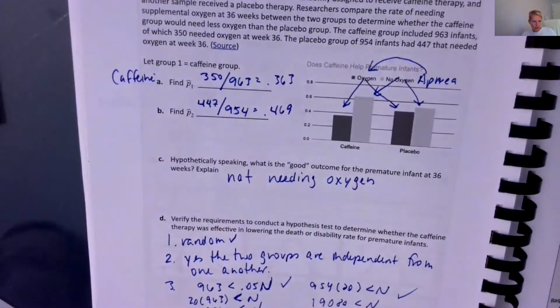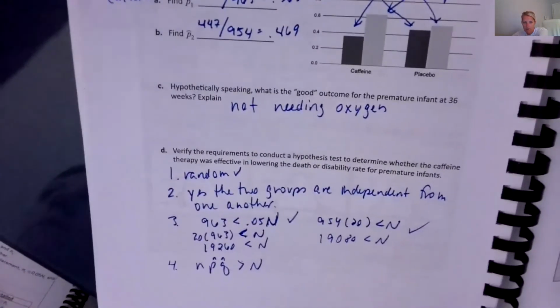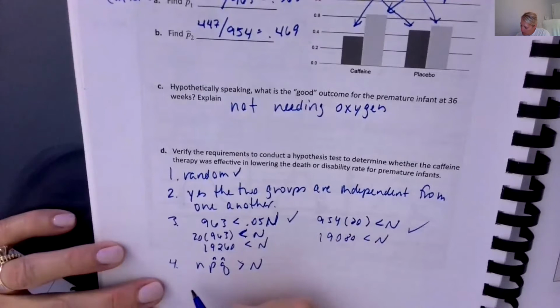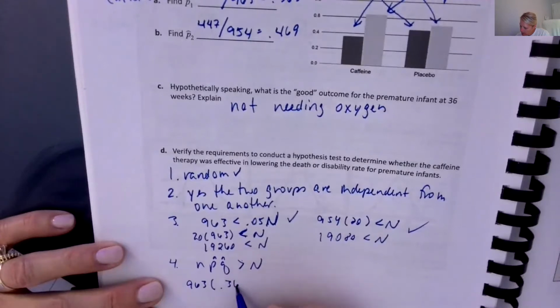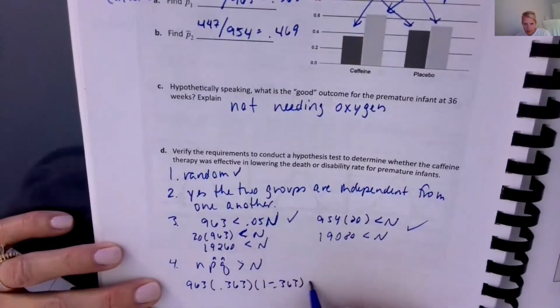So let's go ahead and check those down below. So we would have N is 963 times 0.363 times 1 minus 0.363. And let's see what that comes out to be here.